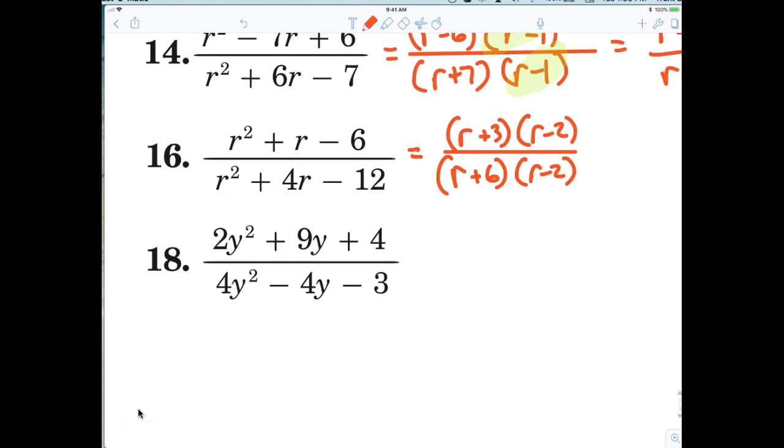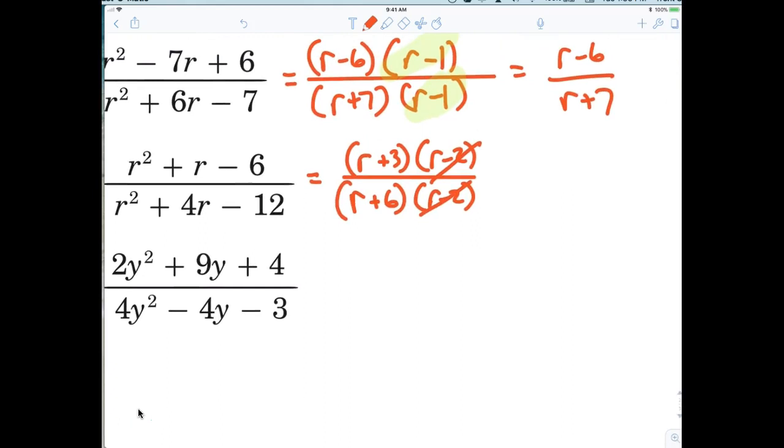You agree with that? So r plus 3 over r plus 6. Now look, do you see why I'm allowed to reduce this right here? Because these two things are bound together by what? By multiplication. You understand me?